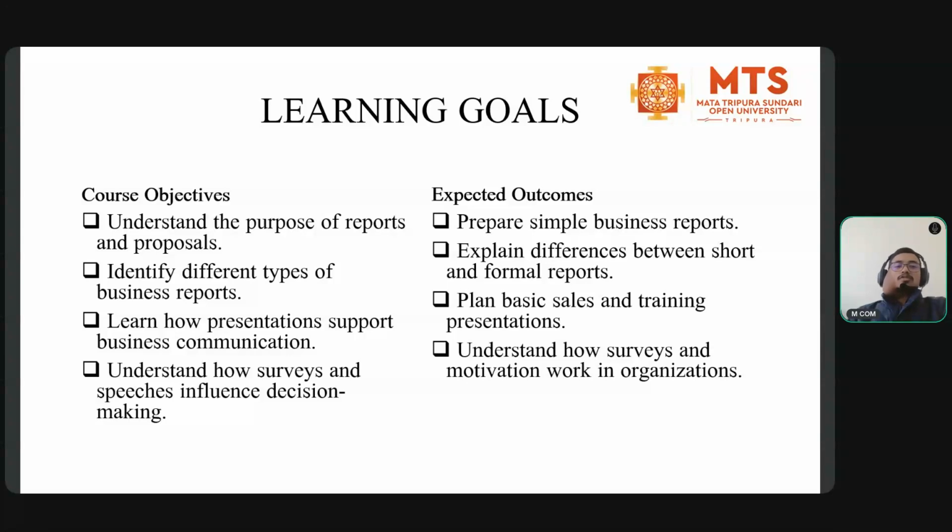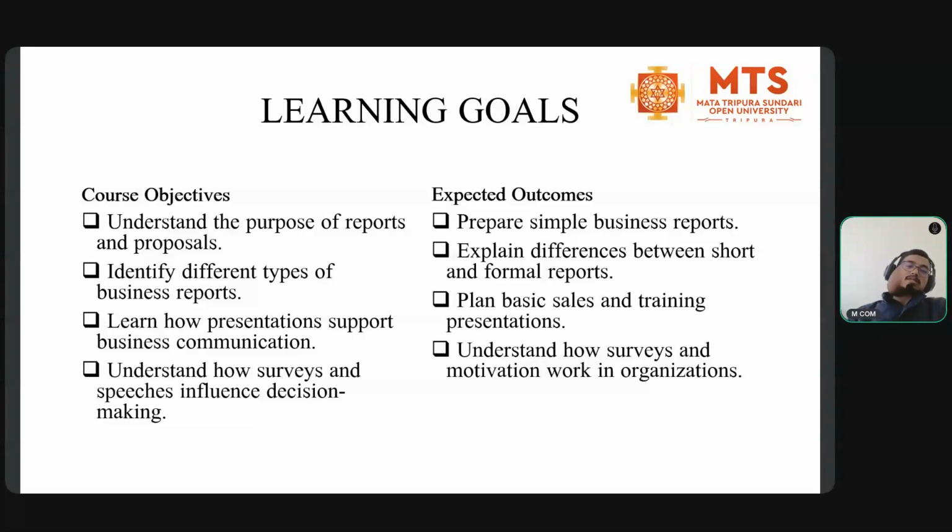The third objective is to learn how presentations support business communication. Reports are often supported by presentations, especially in meetings, training sessions, and sales discussions. The fourth objective is to understand how surveys and speeches influence decision making in organizations. Surveys provide data, and speeches motivate people to act.